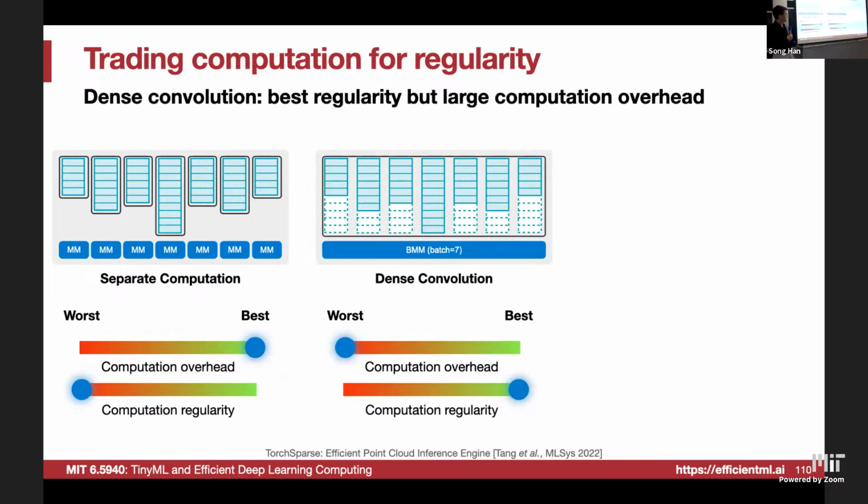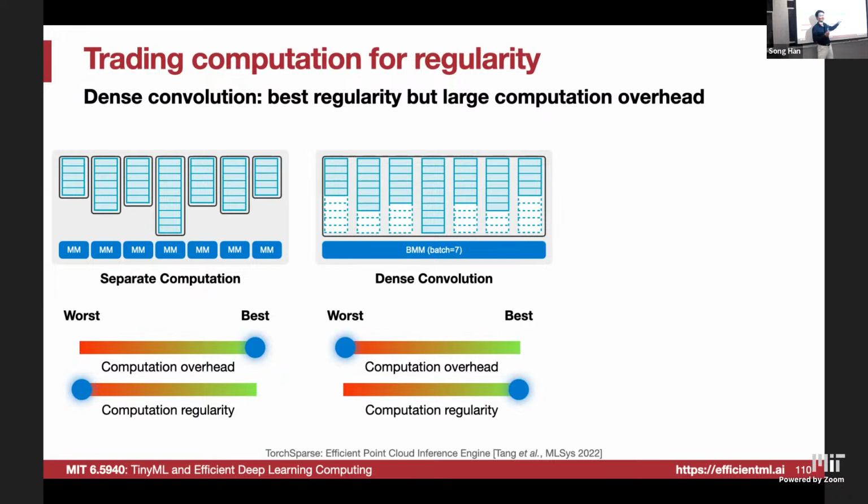Okay, so in comparison, with the baseline approach, you don't waste any cycles. You only calculate on non-zero elements, but it's very irregular, very difficult to parallelize. So overhead is pretty good, no overhead, but computation regularity is pretty bad. Or we can batch everything together and pad a lot of zeros to make it a dense convolution. So lots of computation overhead, very bad, but regularity is super good.